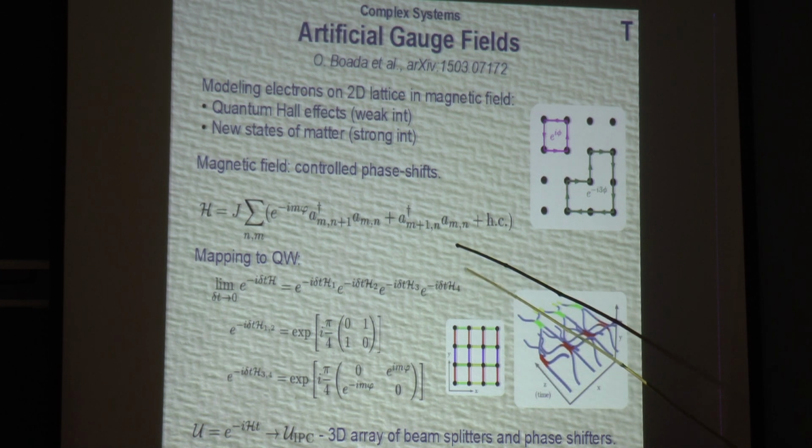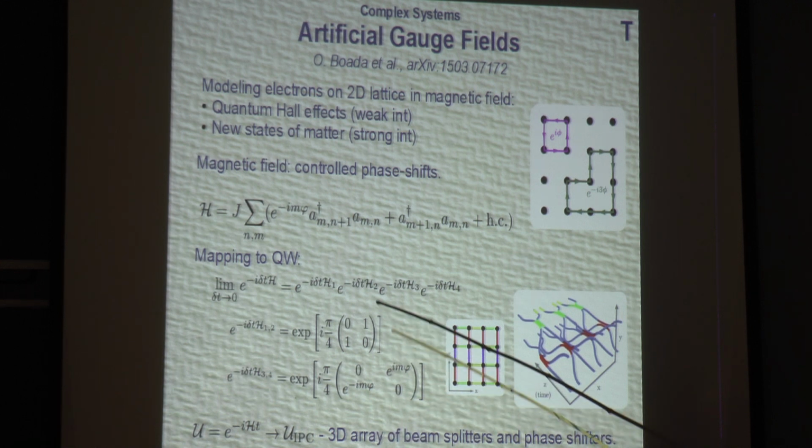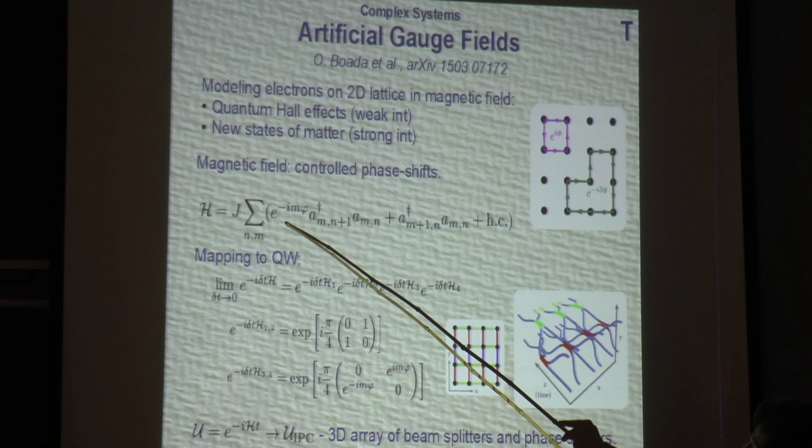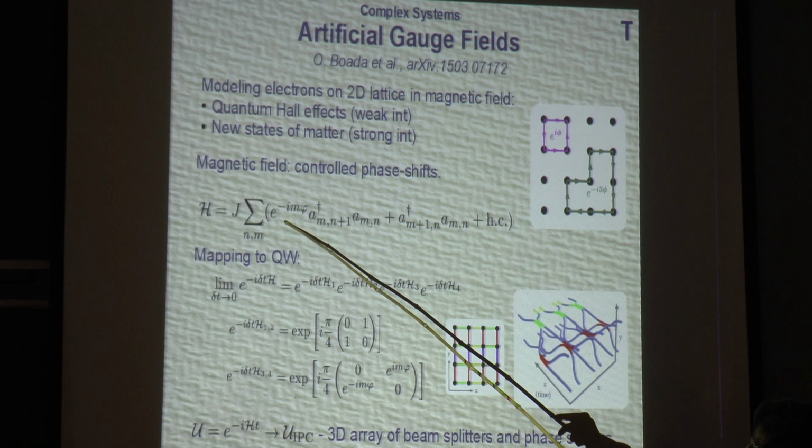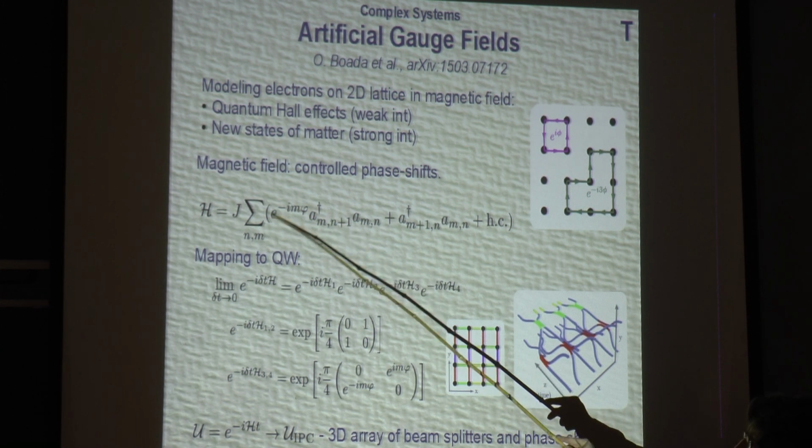So now, as Professor Tursky said, instead of using real electrons in a real two-dimensional lattice and applying a magnetic field, we are using photons which propagate over a two-dimensional graph, and they are exposed to certain vertex-dependent phase shifts.